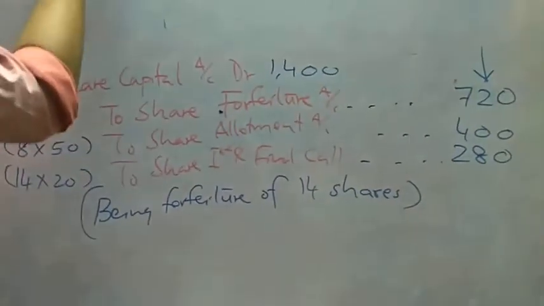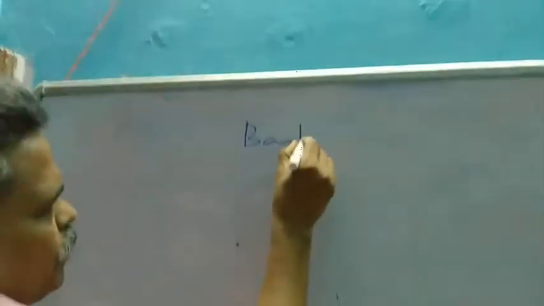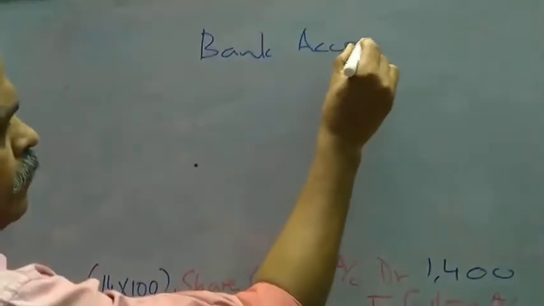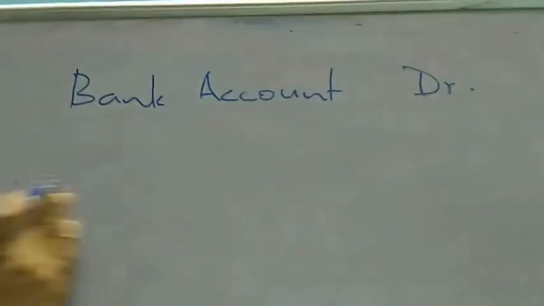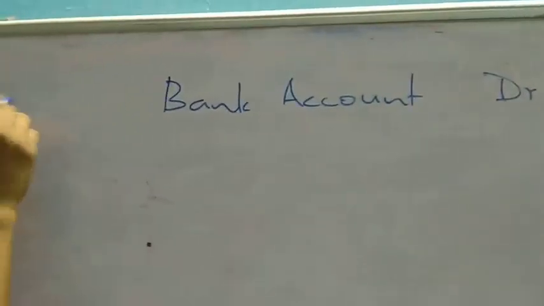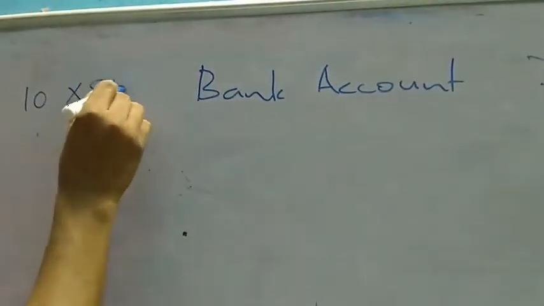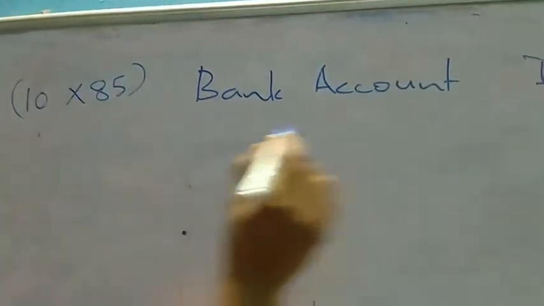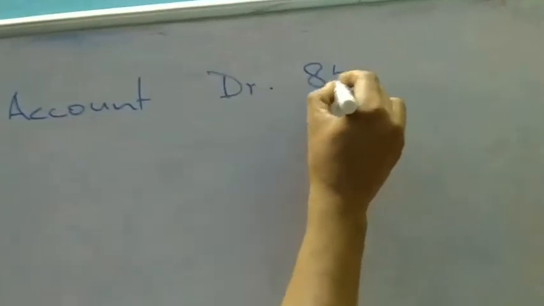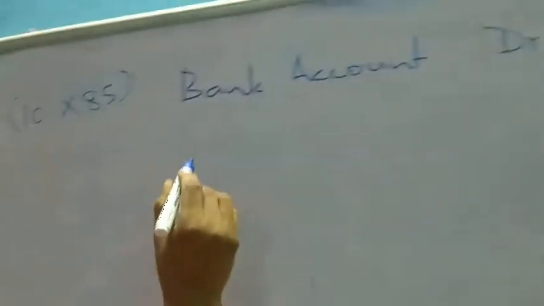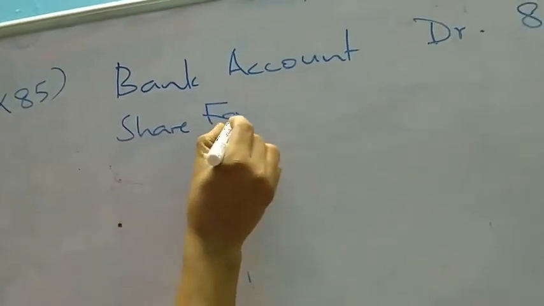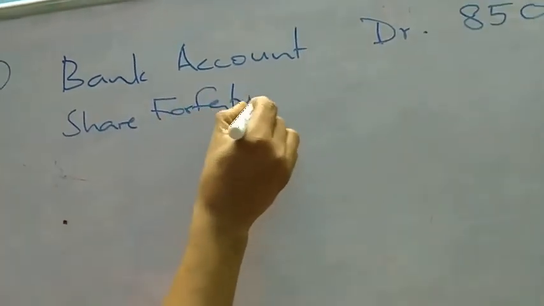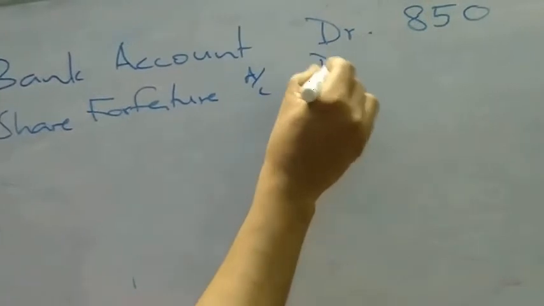Next entry is bank account debit. See the question: 10 shares are issued at 85 rupees per share, so it will be 850 rupees. Then share forfeiture account debit.